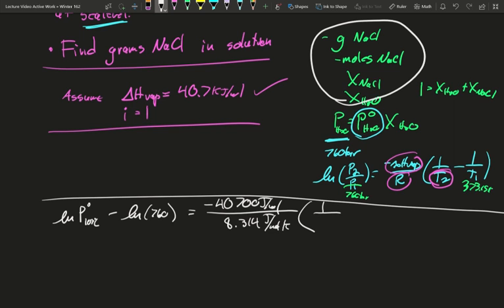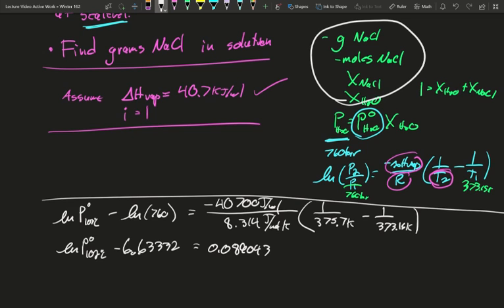And our temps. Well, 102.57 in Kelvin is going to be 375.7 minus 373.15 Kelvin, the normal boiling point of water. Multiply this out. Natural log of the pure pressure at 102 minus 6.63332 is going to equal 0.089043.